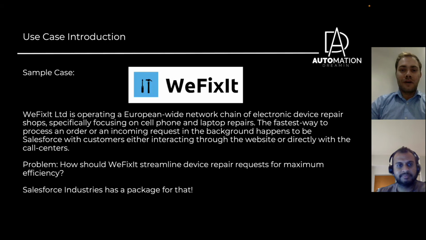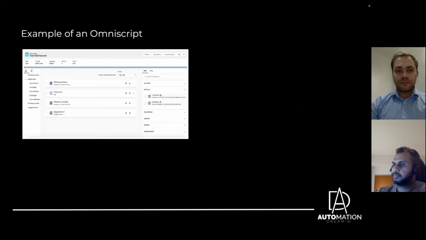Now that we are a little bit familiar with the case, I will show you how an OmniScript works. We have to remember two things. A customer wants to repair his or her device. Either they will call the repair shop or they will interact in the website.